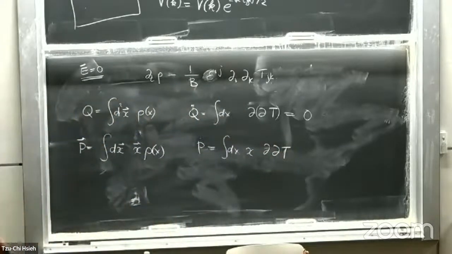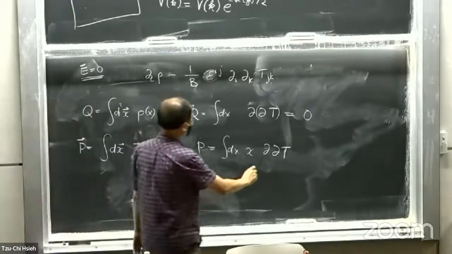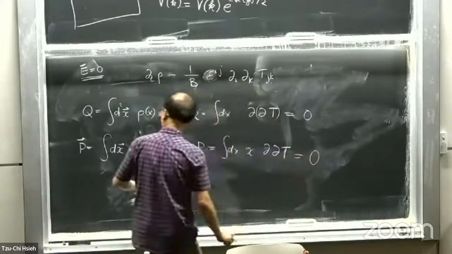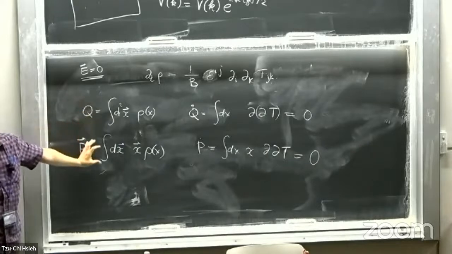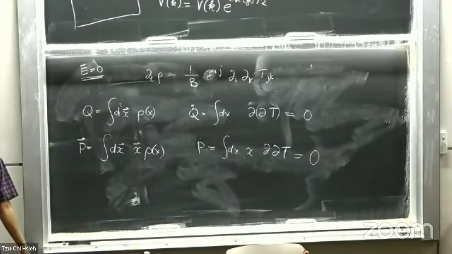Imagine that you do integration by parts. You integrate once, the derivative acting on x gives 1. Integrate twice, you get 0. So you have a conservation not only of charge, but also conservation of dipole moment.